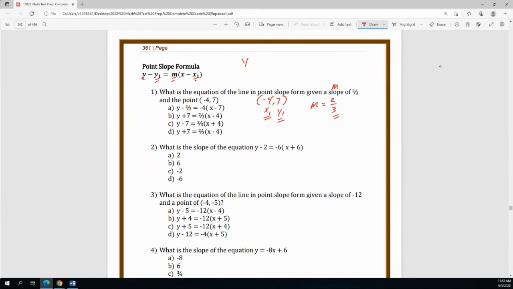y minus y1, which is 7, equals m, the slope, 2/3, times x minus x1, -4.